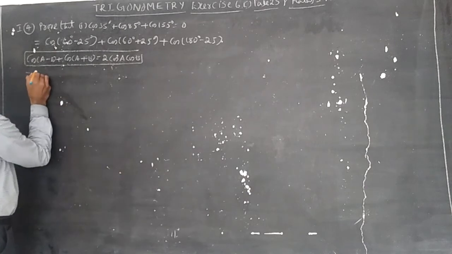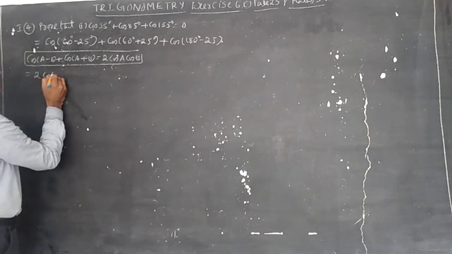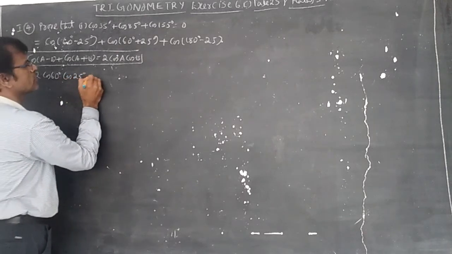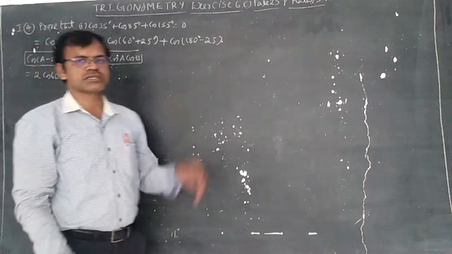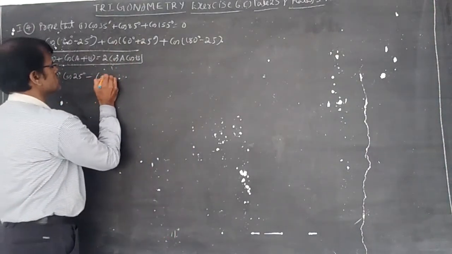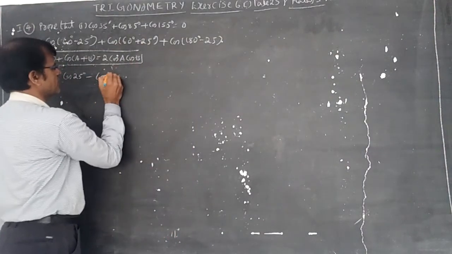So that is equal to 2 cos 60 into cos 25, plus cos(180 minus theta) is minus cos theta, so it is minus cos 25 degrees.